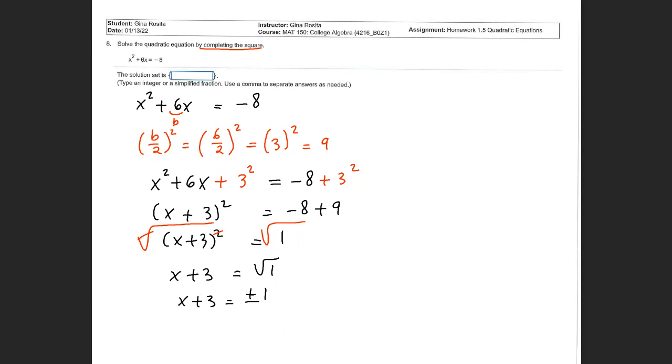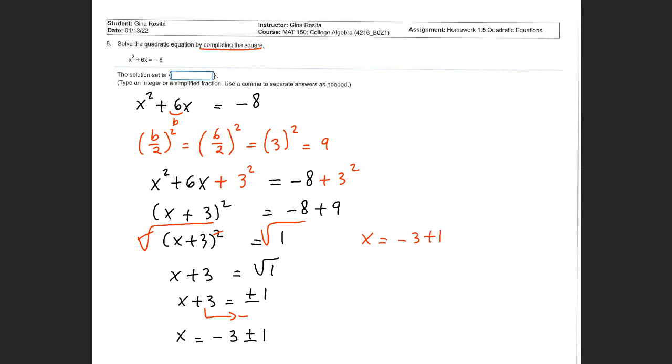Now move 3 to the right side, it becomes negative. So we can write x equal negative 3 plus minus 1. There are two answers here. So x equal negative 3 plus 1.